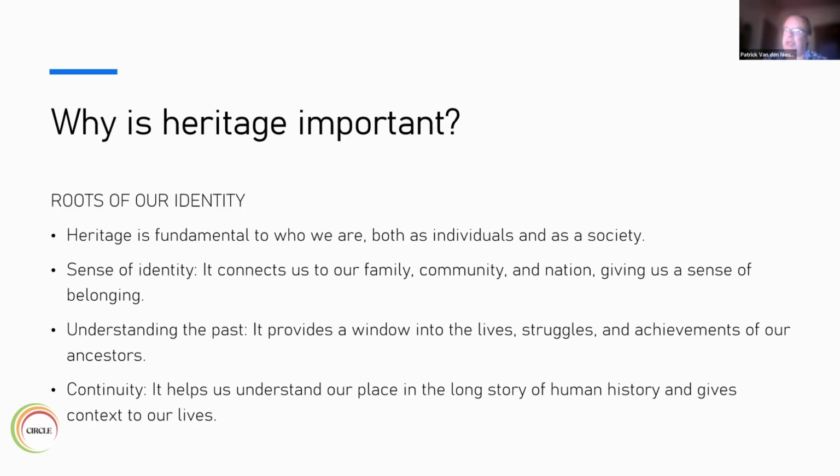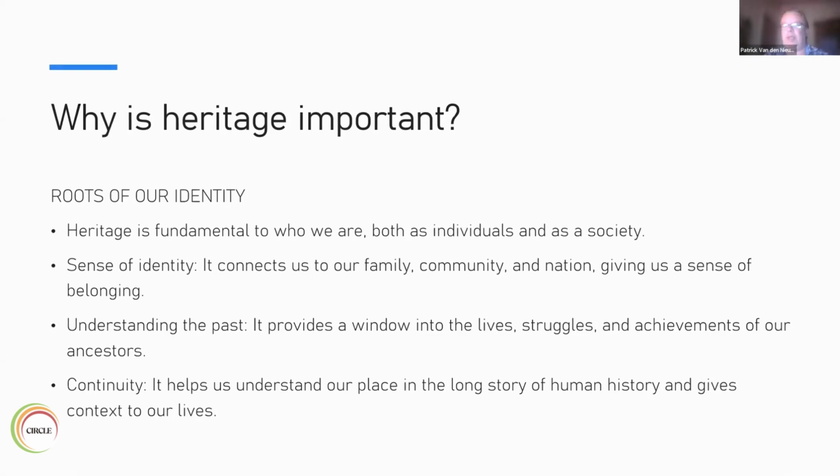It gives you what they say, a sense of belonging. You recognize something, you have something to tell about this, but also other people are interested or feel connected to this heritage in the very broad sense of the definition.